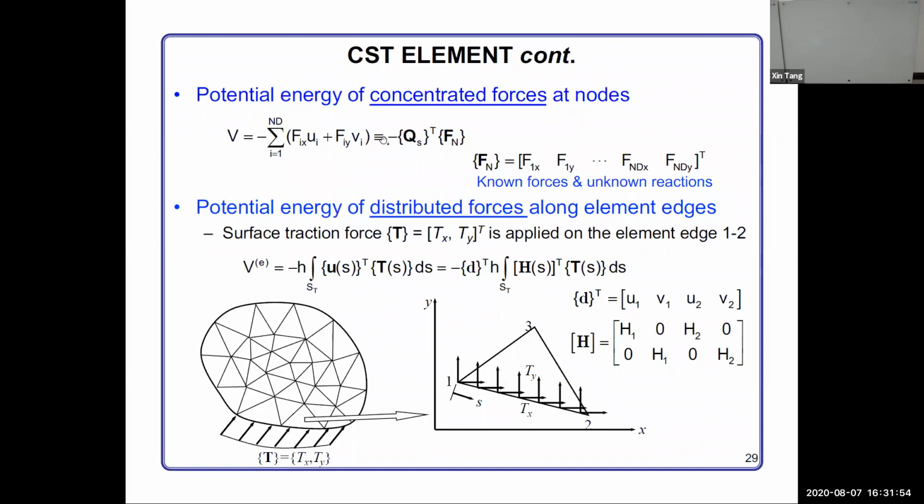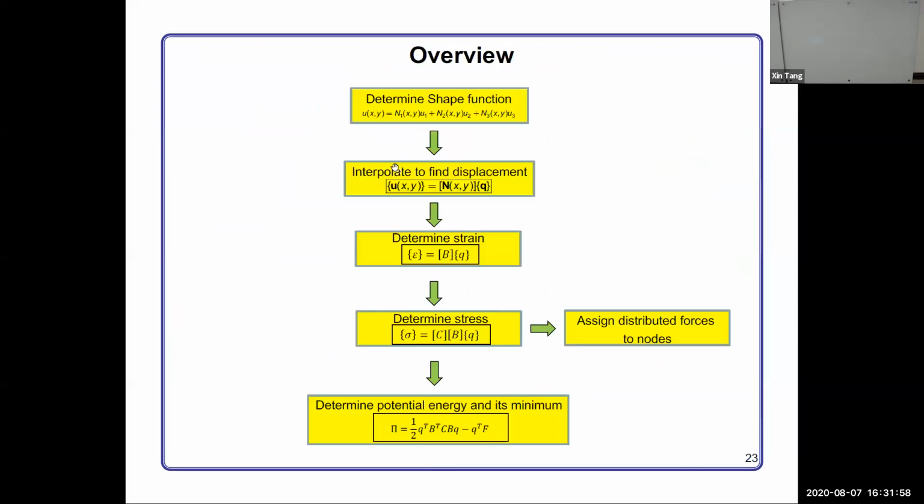Okay, so based on the outline, we have discussed almost every point about the CST element. We started from the displacement fitting functions, getting the shape functions N1, N2, N3, and then did the interpolation. We can find the displacement at any point within the CST element.